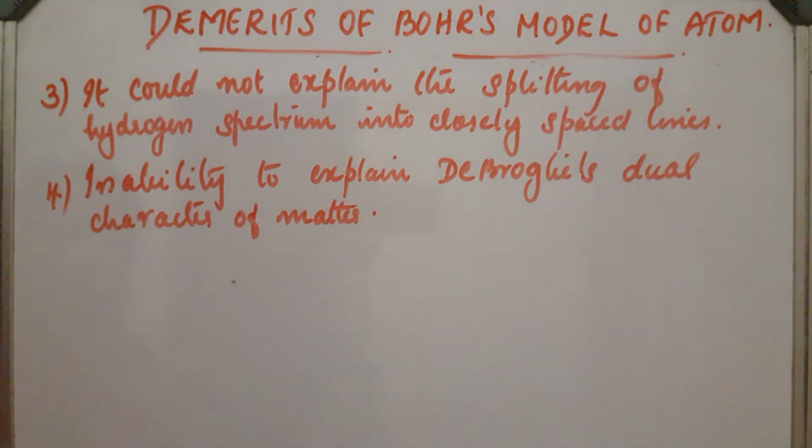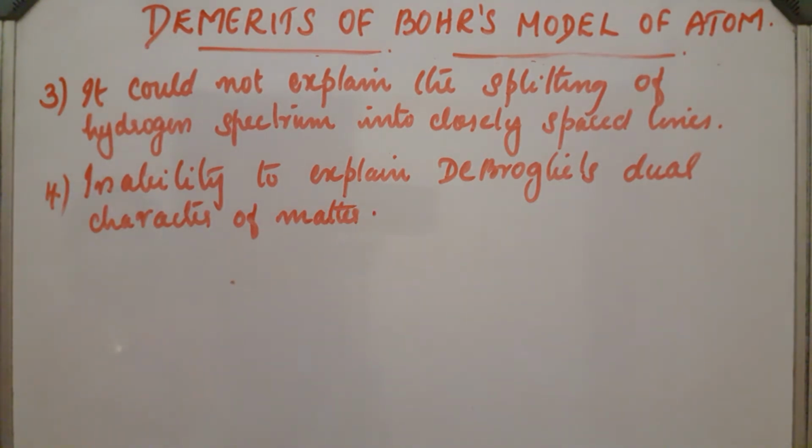According to de Broglie's dual character, matter is having both wave nature and particle nature. But according to Bohr, the electron as a particle is having only particle nature. He could explain only the particle nature of electrons and could not explain its wave nature.